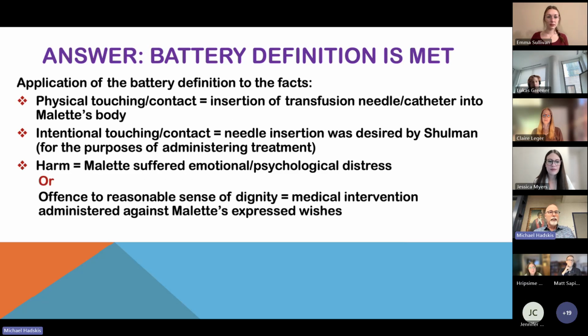And here on the slide, here's the answer, basically, what we've just finished covering. So on an exam, that's what your answer would look like. And then you would conclude at the end of this that it looks like she's made out all elements of battery, and therefore she is going to necessarily be held liable.